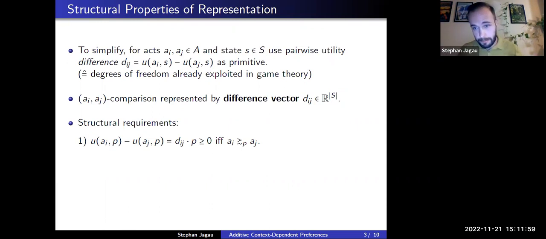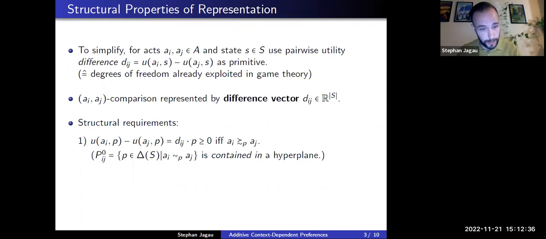So that immediately tells us the structural requirements behind this kind of representation. Well, first, of course, these pairwise preferences need to be represented by the representation. So if I take a utility difference at any probabilistic belief I could have about my opponent's behaviors, that difference, the inner product of the difference vector and my belief, should be weakly positive if and only if I prefer the act i to the act j.